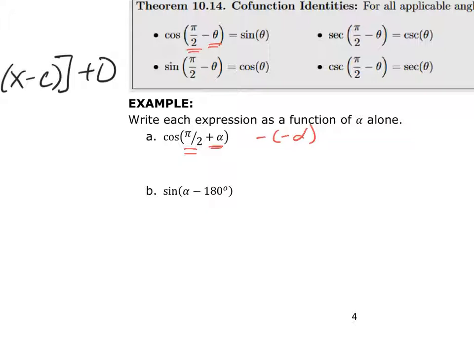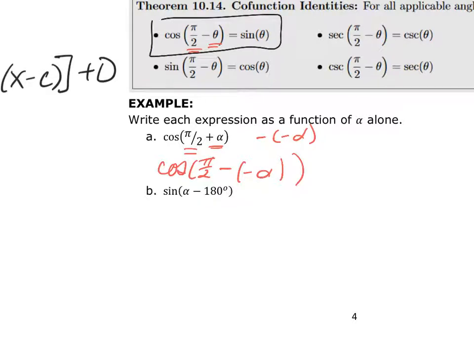Double negatives make it positive. So then I just rewrite this as the cosine of pi over 2, which is part of what I need for the cofunction. And then I need this to be a minus, not a plus, and the way I do that is that manipulation. And so now what I have is exactly this formula up above, which is what I was looking for.